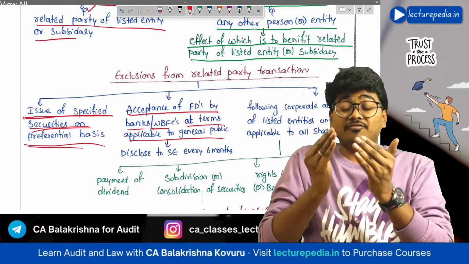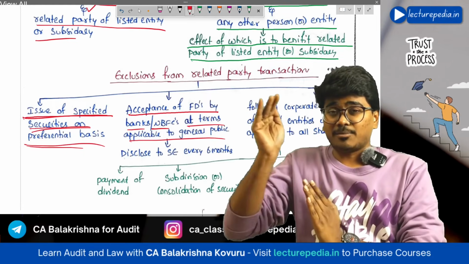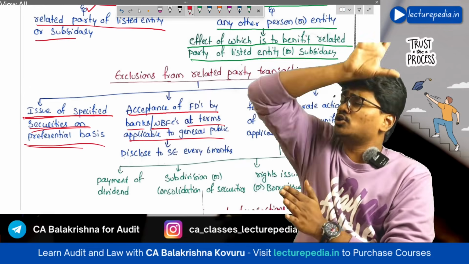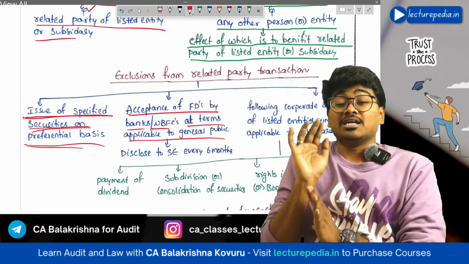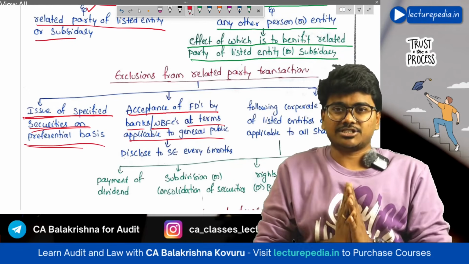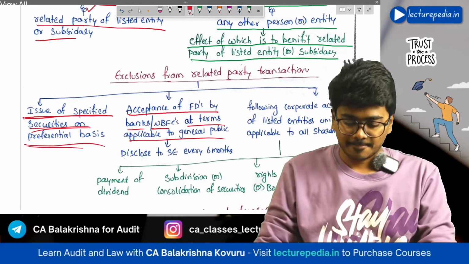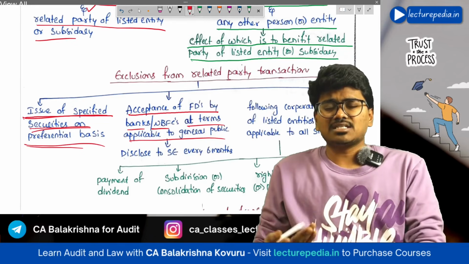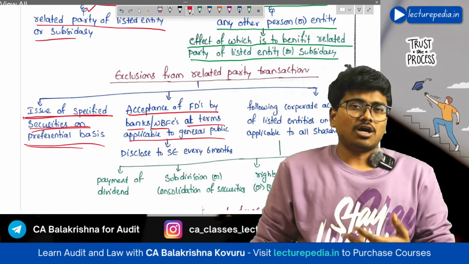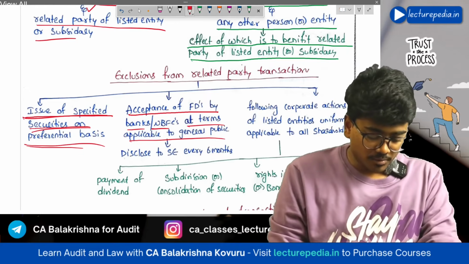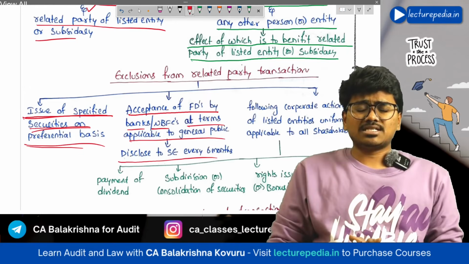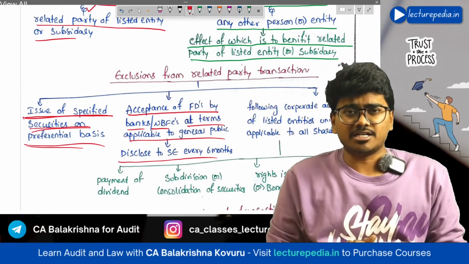But if such acceptance of deposit is at the terms applicable to the normal general public, then that transaction will not become a related party transaction, because acceptance of deposit is the actual business of the bank or the NBFC. However, you need to disclose to the stock exchange every 6 months about such deposits accepted from related parties.